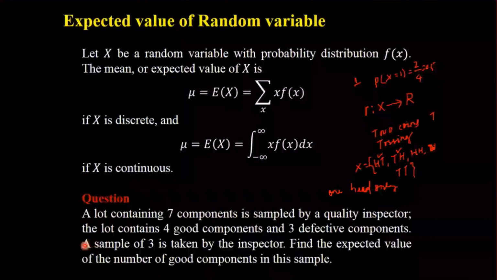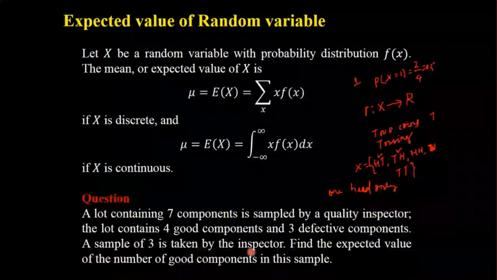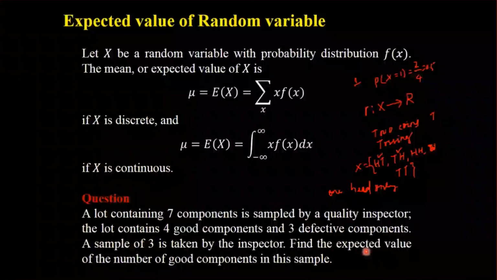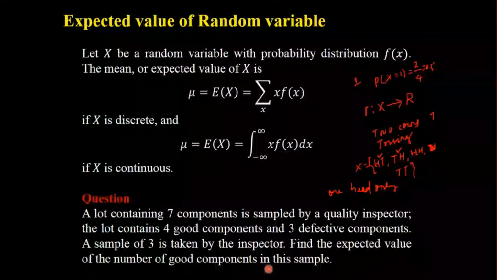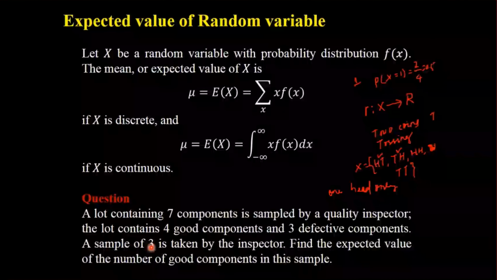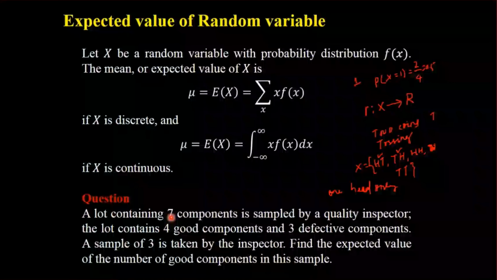The inspector will take a sample of 3. We have to find the expected value of the number of good components in this sample. Out of 7 he is picking 3 items, so 3 is the sample and 7 is the lot, the total population.